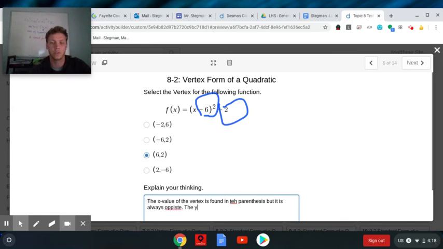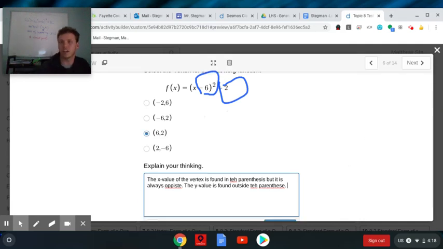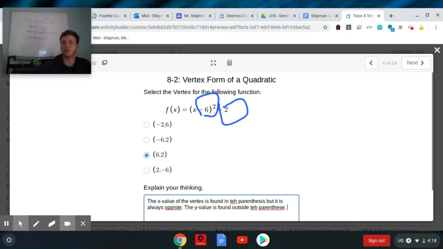The y value is found outside the parentheses. Okay. All right, so you need to give just a basic explanation as to why you chose your answer.